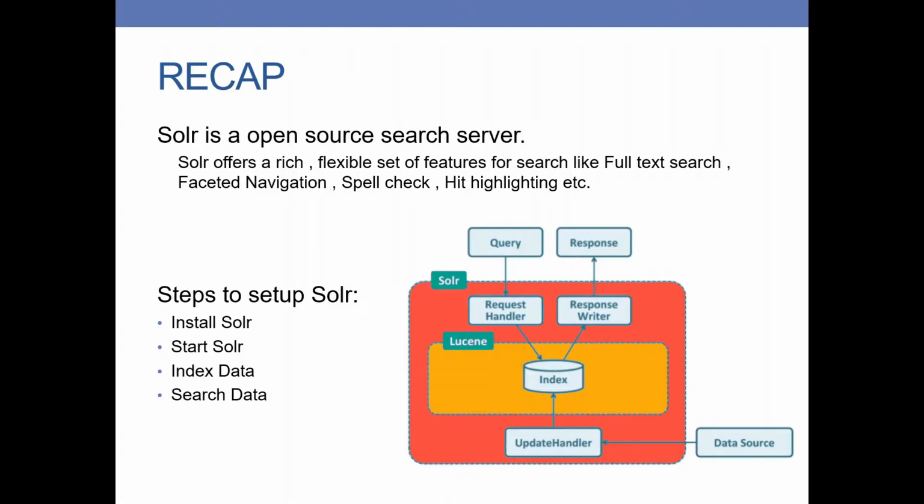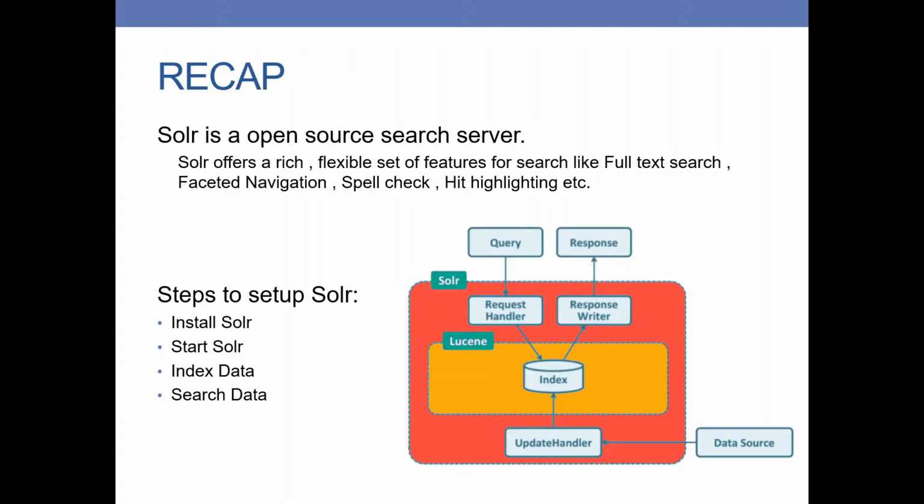SOLR uses Apache Lucene framework for indexing. When a query is sent to SOLR, it goes via the request handler, which does the pre-processing, and then from the index it fetches all the relevant documents and sends them to the response writer, which returns the data for the given response type.